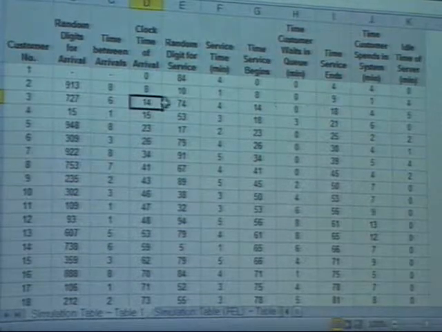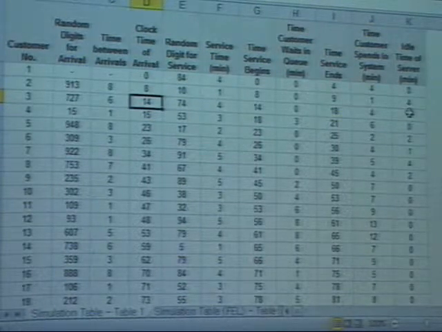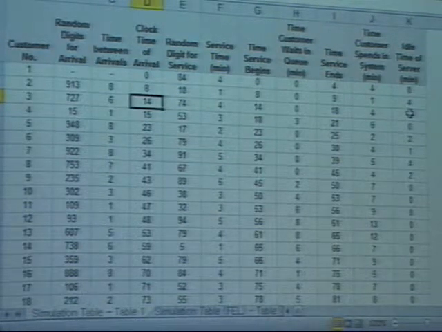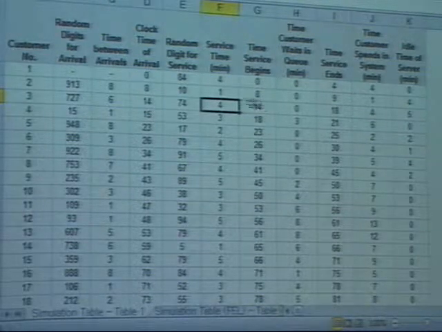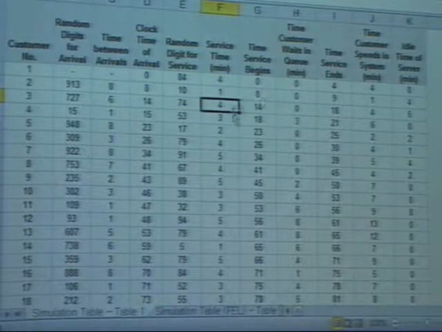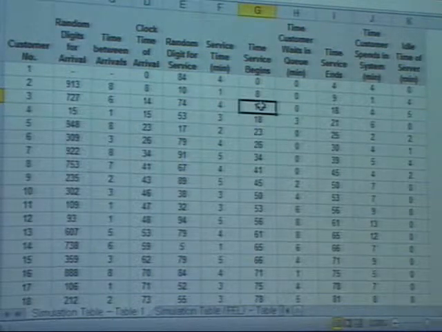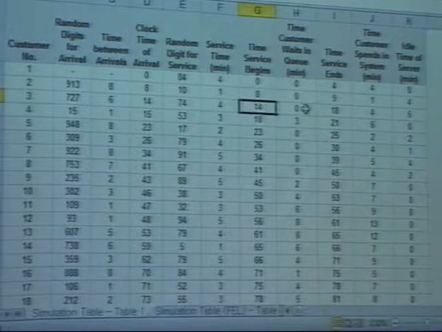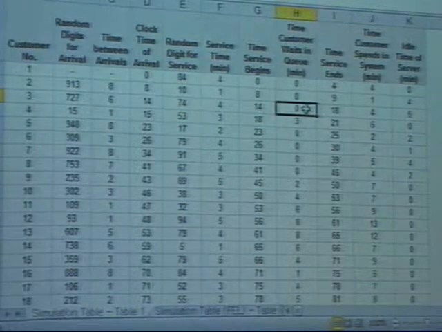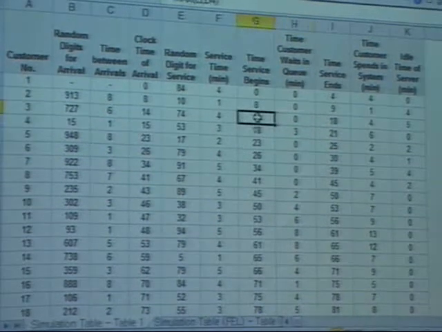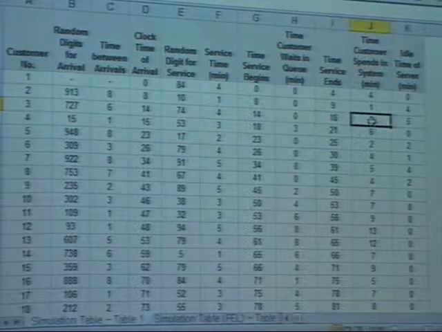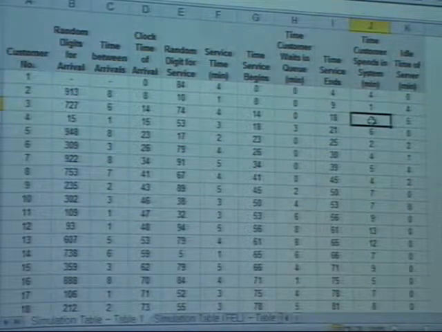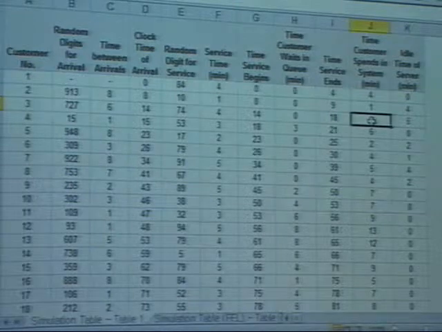So 14 minus 9, 5 minutes of time the server was idle, and it requires 4 minutes. So service time begins at 14 as soon as it arrives and doesn't have to wait in the queue. And after 4 minutes, which is 14 plus 4, service ends at 18. Okay? And time customer spends in the system, so 0 waiting time for 4 minutes of processing time is 4. Okay?